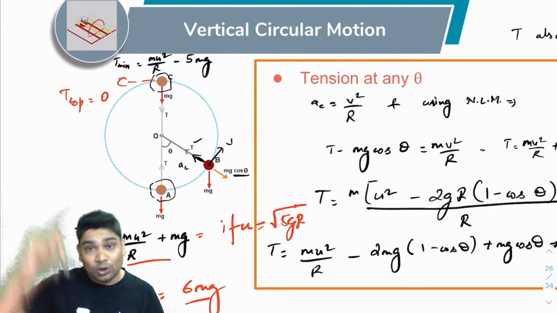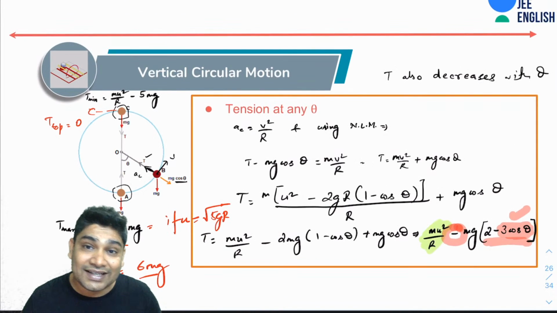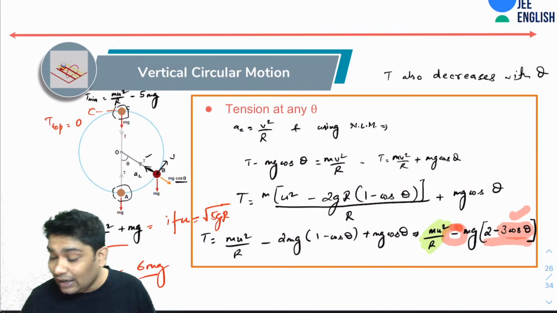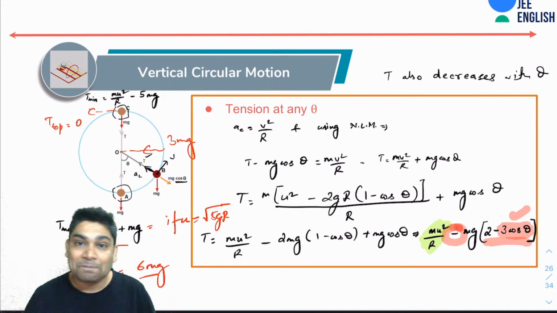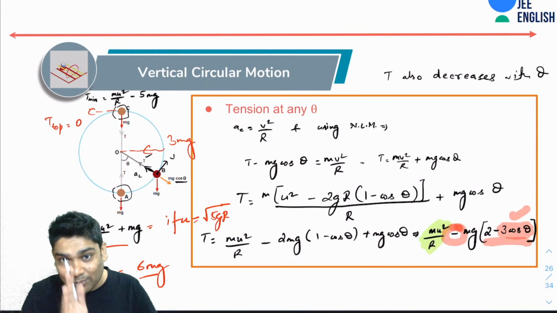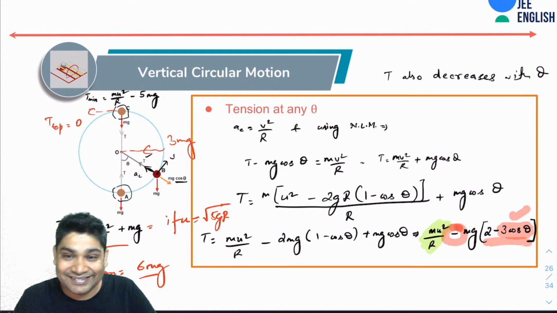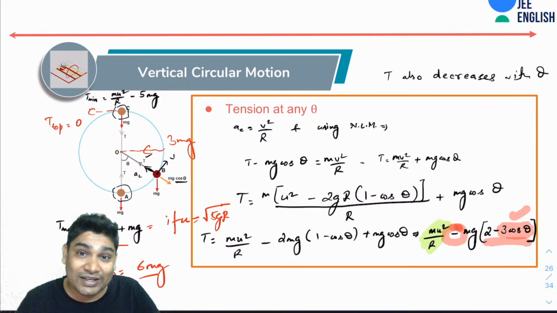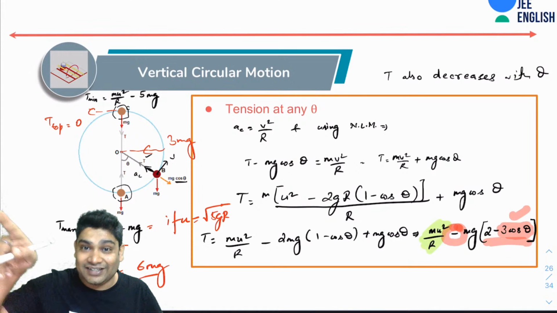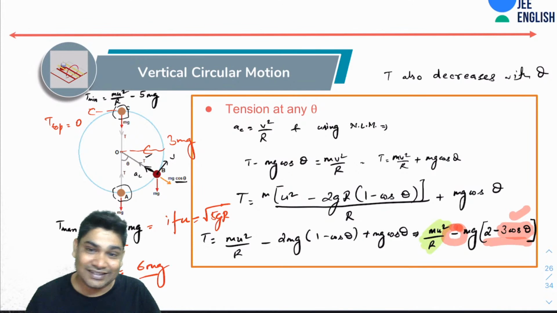So from bottom to top, the tension always decreases by 6 mg. And at the middle, it would have been 3 mg. You can check that. This is the trick that you can use. Okay, Pawan. So tension at bottom minimum can be 6 mg if it has to complete a circle. Yes. If the tension was only 3 mg, then it would just reach this height. It won't complete the circle.